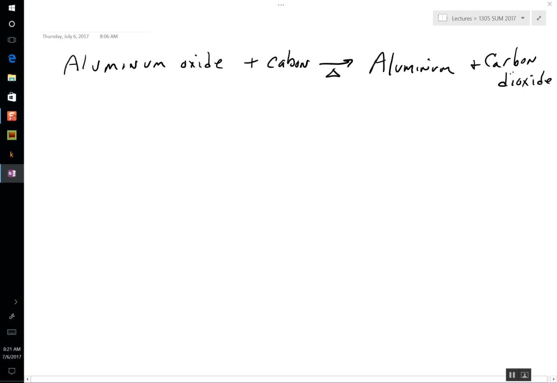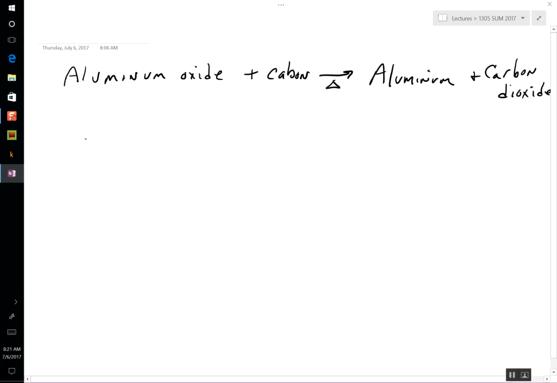All right, there it is in words. What do chemists do? They distill this down into formulas and write a chemical equation that describes that reaction. And you know that aluminum has a +3 charge, oxygen has a -2 charge, so you end up with that formula for aluminum oxide.